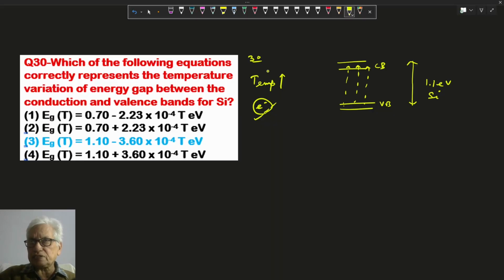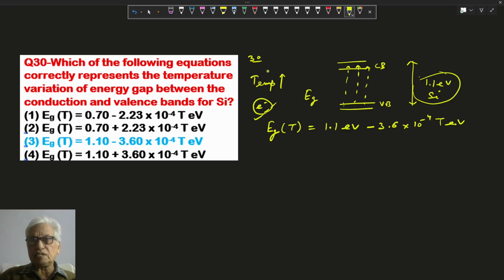It means the effective energy gap is initially this, but because of temperature some electrons are reaching the conduction band. So the effective energy gap is reduced at temperature T: the original gap minus something. I do not know the exact relationship, but here in all the cases one may be correct, but 0.7 volt is for silicon, not for germanium. So only for germanium, options 3 and 4 are there.